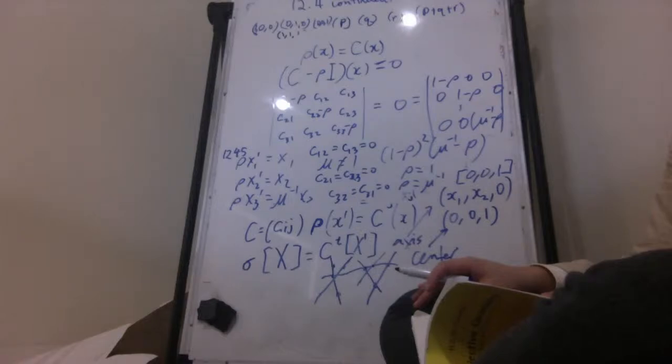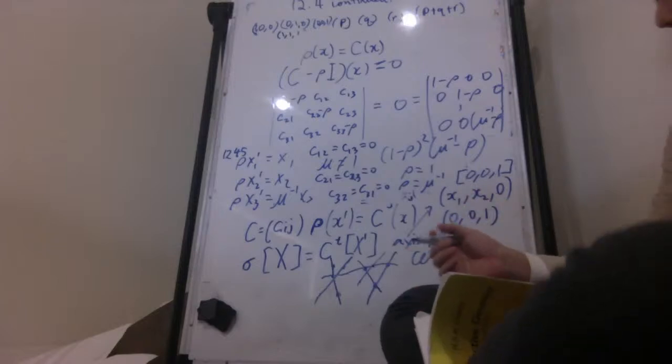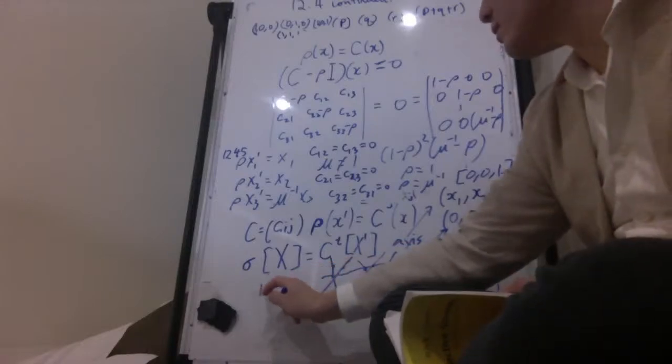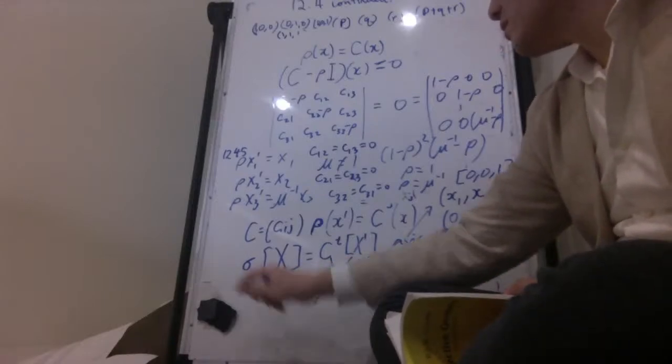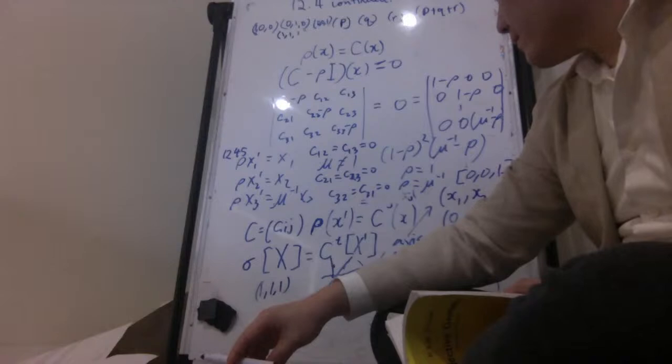So if you actually wanted to go through this, you could take some points. Let's see. It's not on that line. So something that could be a candidate would be like 1, 1, 1. Where does 1, 1, 1 go?